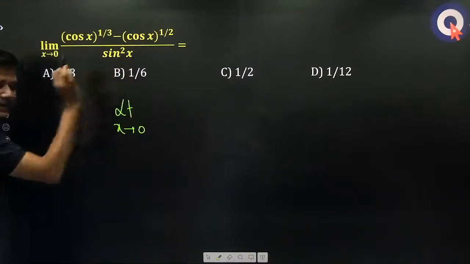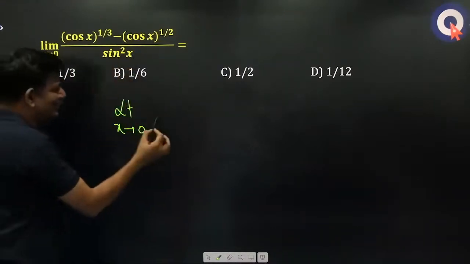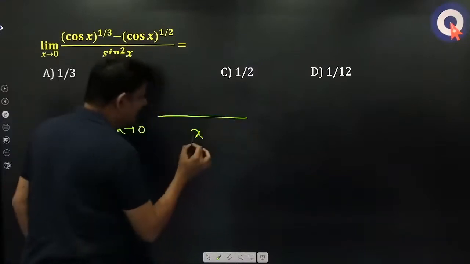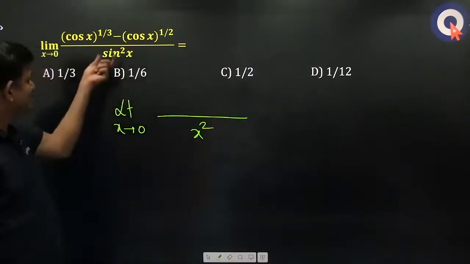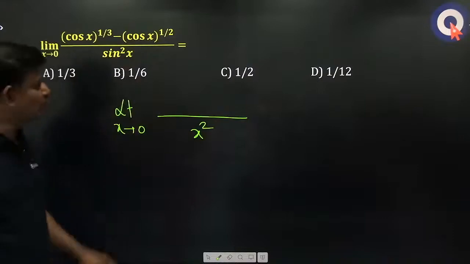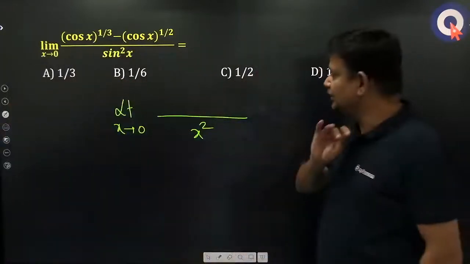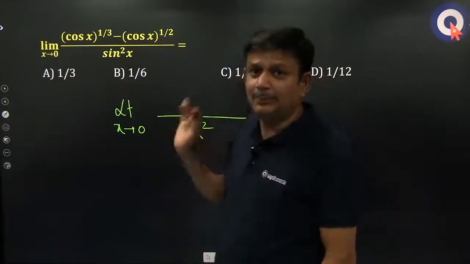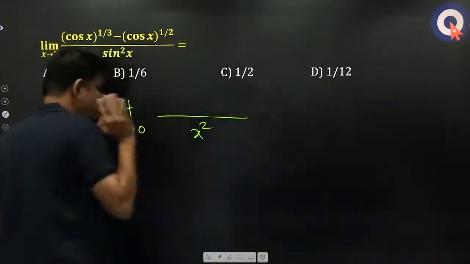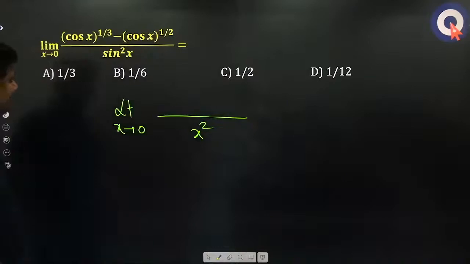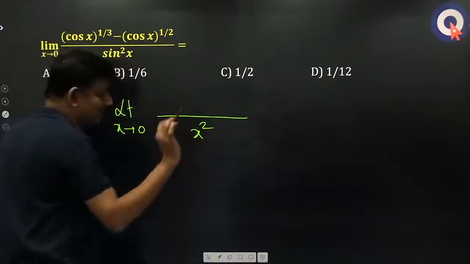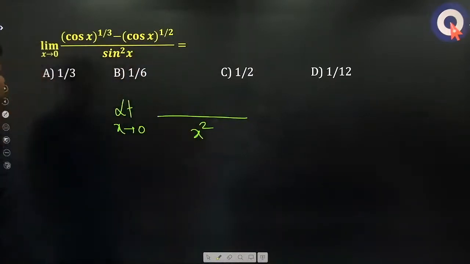Sin x is equivalent to x. So there is no harm in a product if you write this sin square x as x square. If you write sin x as x, equivalent to infinitesimal, there is absolutely no harm in a product. Don't do that when you have a difference or any other combination. Only in a product can you happily do that.